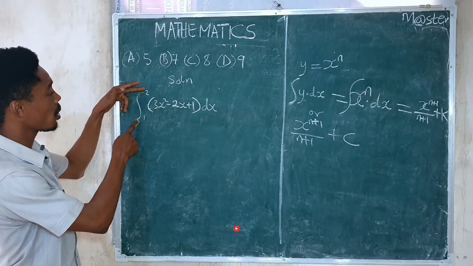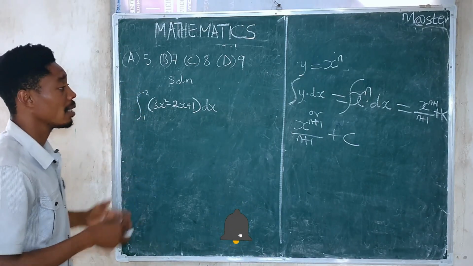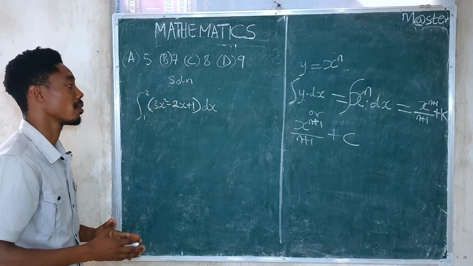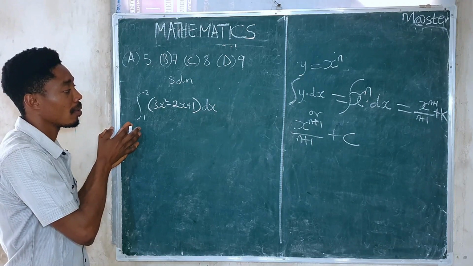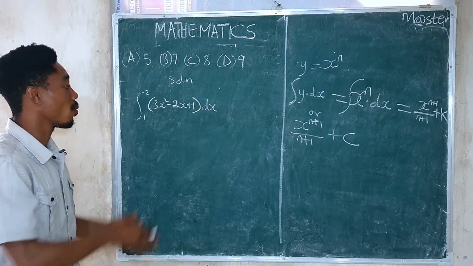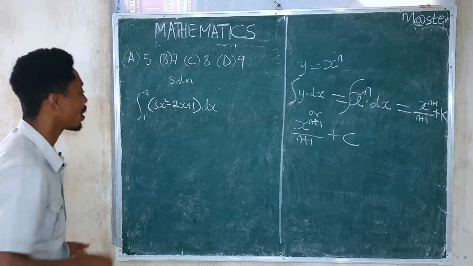But when I'm integrating within boundaries 2 and 1, I mean that I will integrate this expression and then put in the values of 2, whatever I have, minus the value when x is 1. Let's begin the journey.